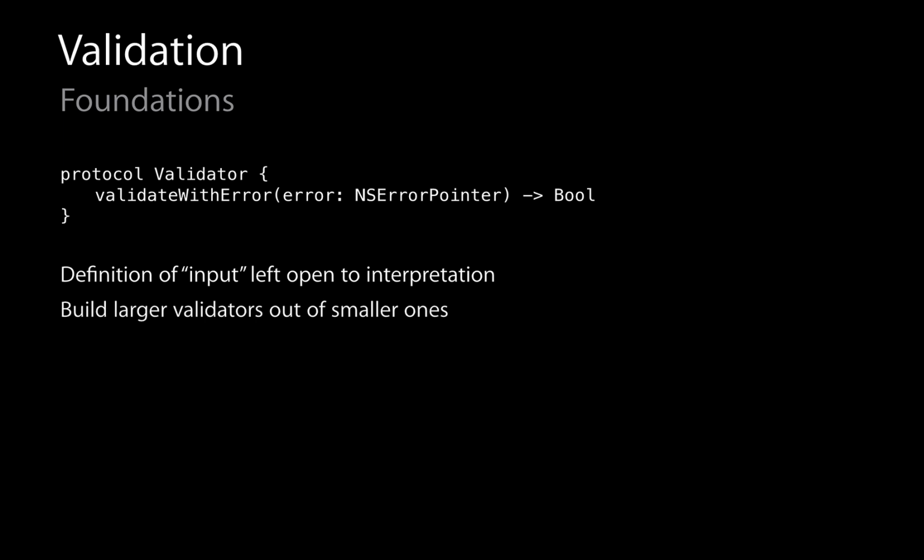So in this case, we'll build larger validators out of smaller ones. So for those larger validators, the input will be implicit in the constituent validators' input. This technique is called composition. We're composing a larger validator out of smaller ones. And it works totally fine in Objective-C too. I also really like Swift.